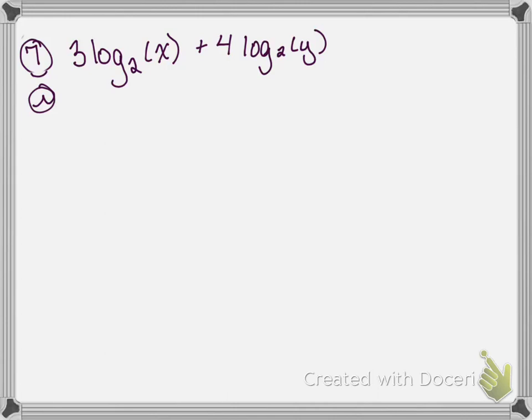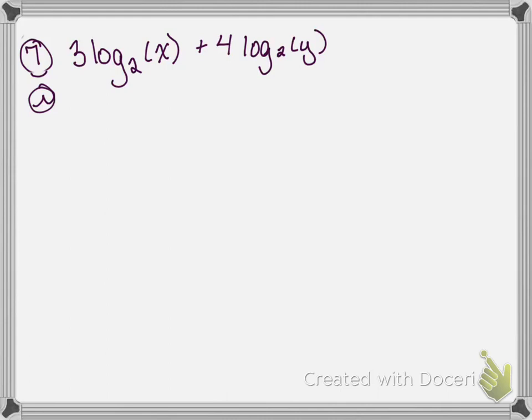So the directions say, use the laws of logarithms to write each expression as a single logarithm. So we are going to use our laws and put everything back to just one logarithm. What I have here is 3 times log base 2 of x plus 4 log base 2 of y.